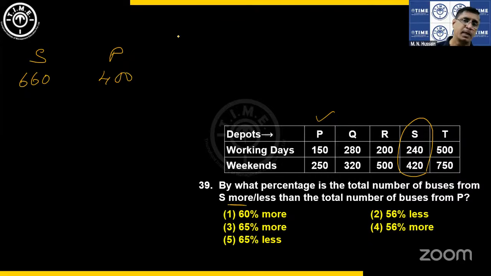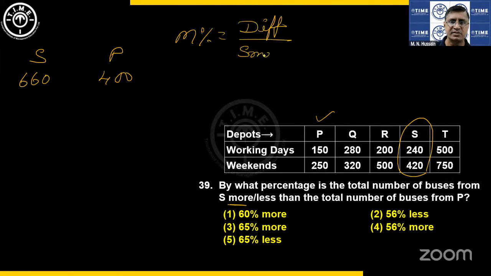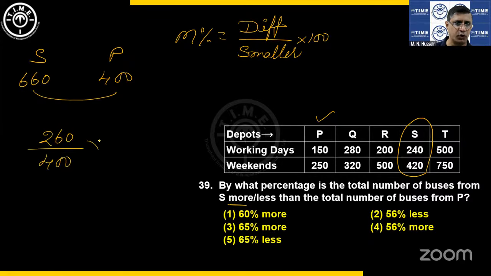It is more. So what to do? More percentage to be found. More percentage means the difference by smaller value into 100. How much is the difference? 260. Smaller value, 400 into 100.